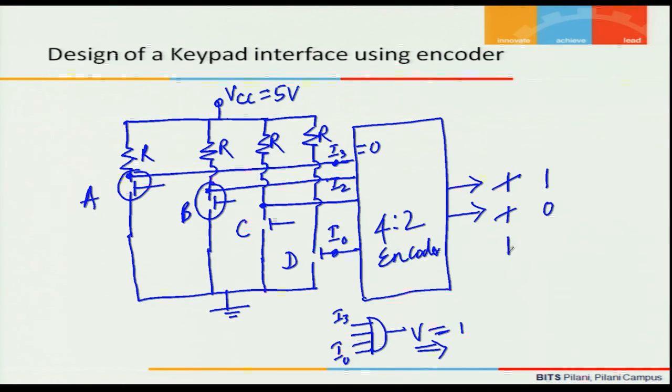So the output pattern will tell which of the 4 keys at any given point of time is activated, either A or B or C or D. We will be able to decode the information about the keys using this encoder, whether key A or key B or key C or key D is pressed. Thus, we could interface 4 keys using an encoder to a system which could understand which key is pressed and activate actions according to that particular key.